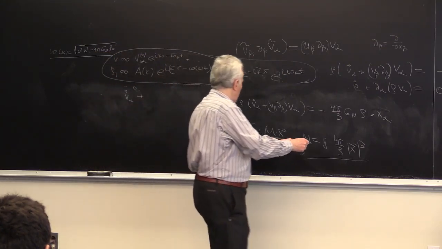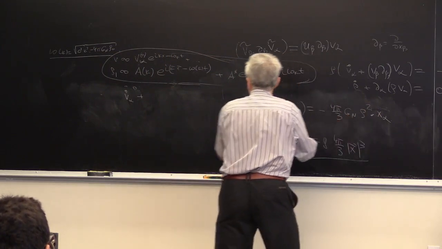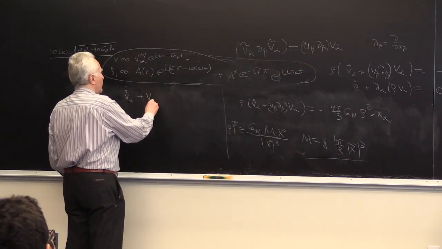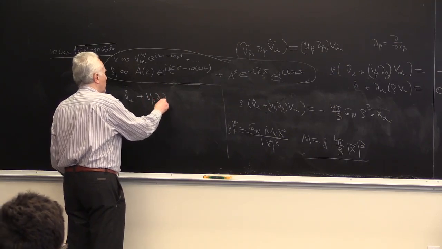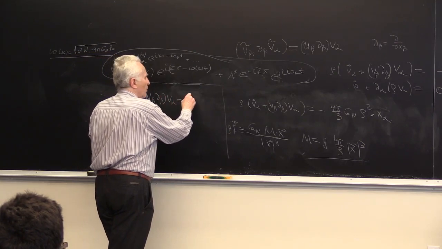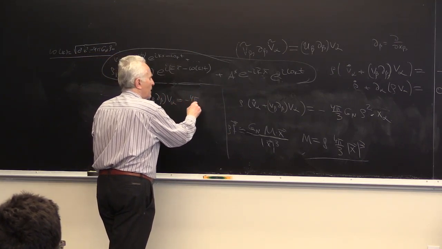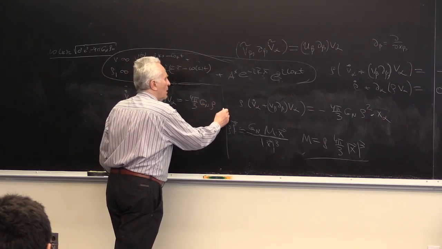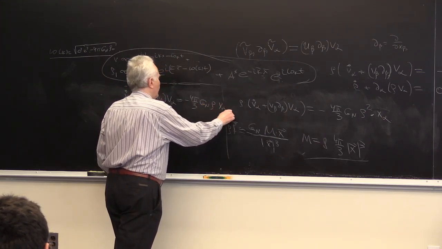It is actually rho square here, so I was wrong to say this. rho V alpha dot plus V beta d beta V alpha is equal to 4 pi divided by 3 G_N rho x alpha.